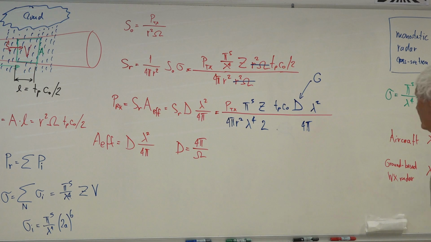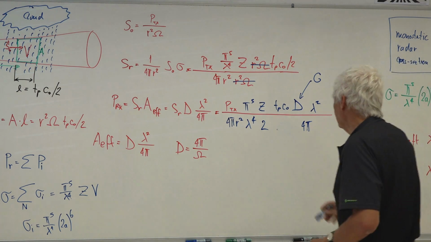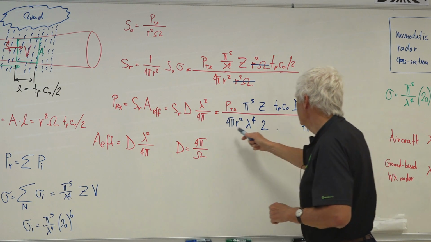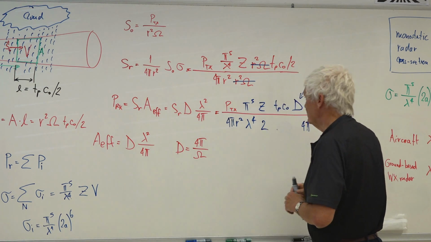So now the whole equation: 4 pi is 16, is 32.